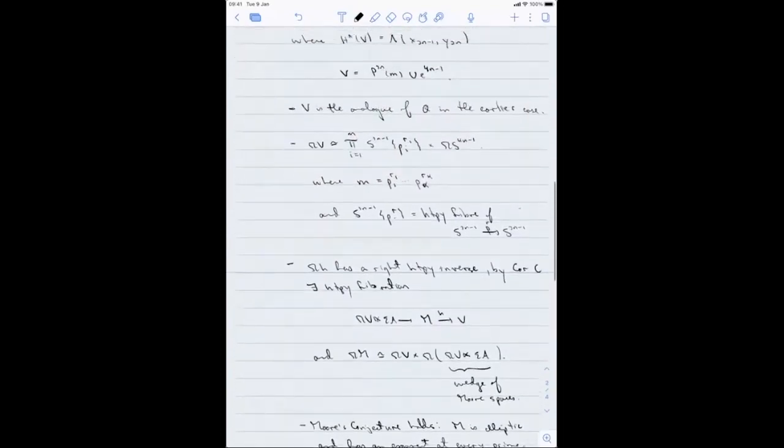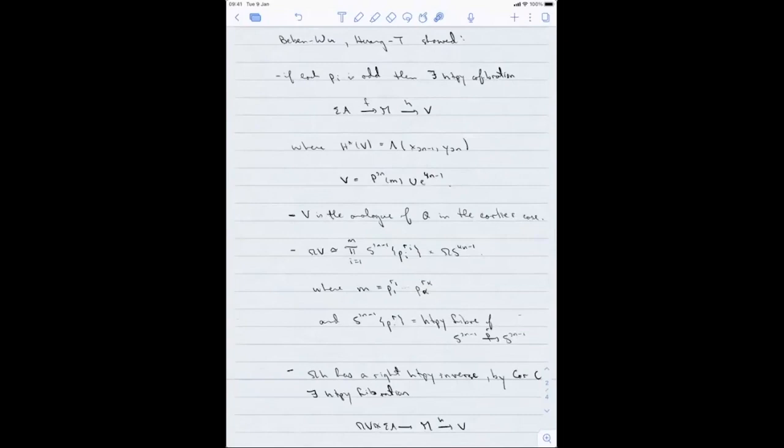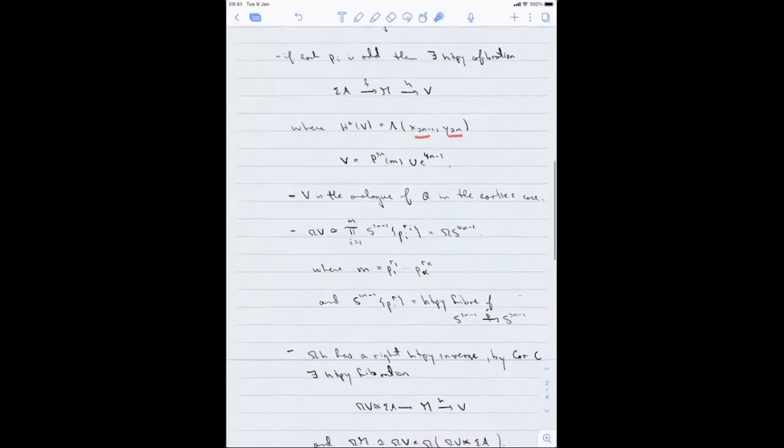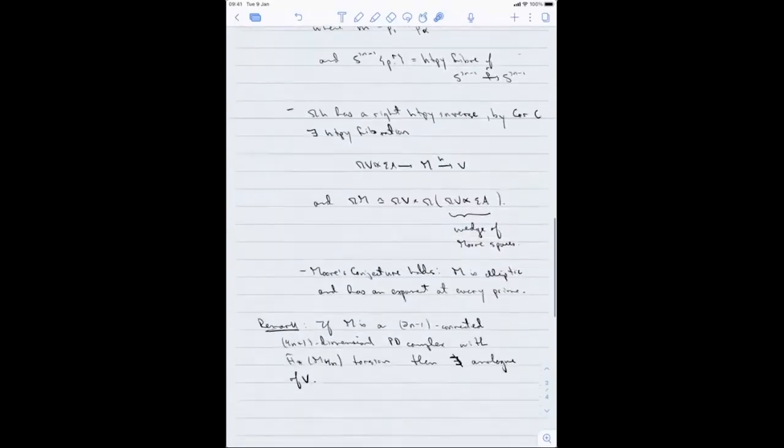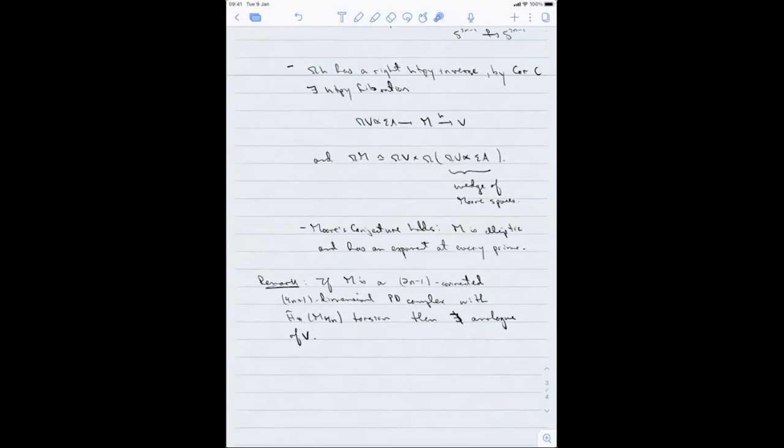Instead of an exterior algebra on a 2n minus 1 and a 2n generator, you would hope to have something with the cohomology of an exterior algebra on a 2n and a 2n plus 1 dimensional generator, but no such space exists.